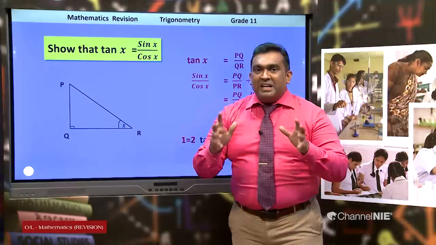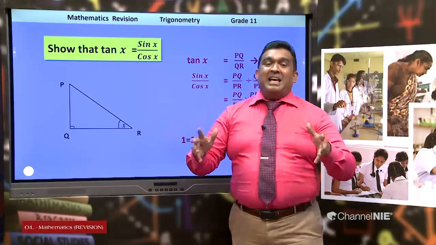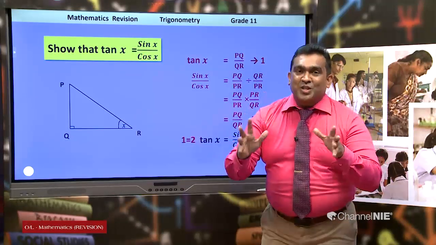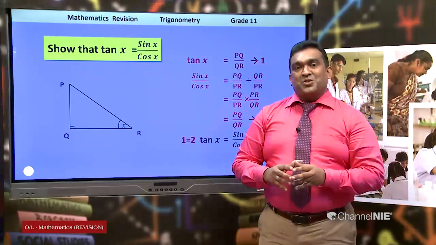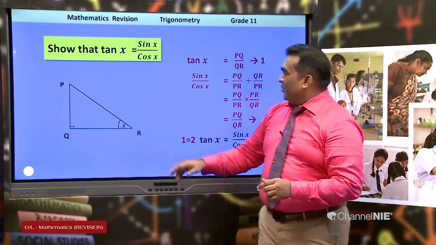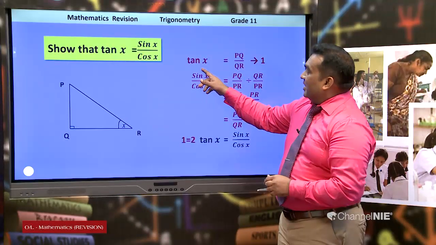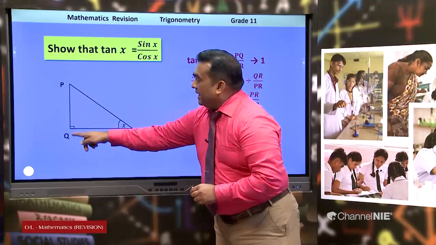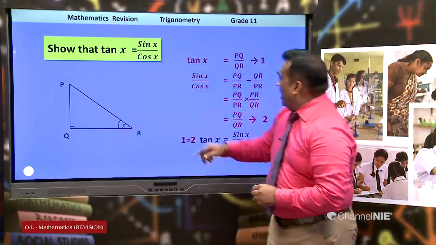If the left hand side is totally equal to the right hand side, we can say the given relationship or formula is true. Now, tan x, according to our definition, tan means opposite PQ over QR.